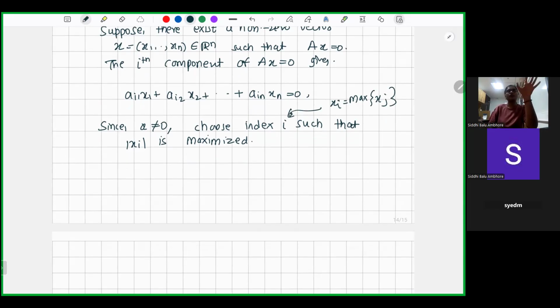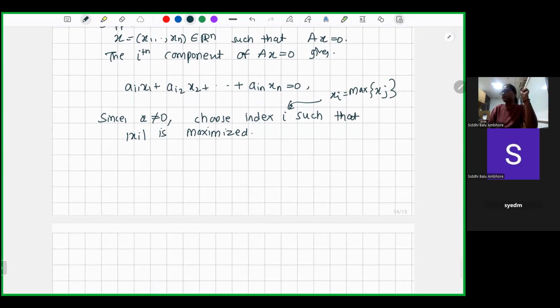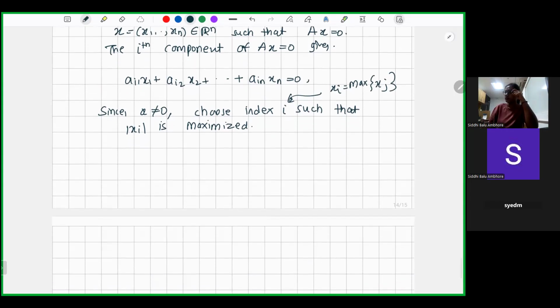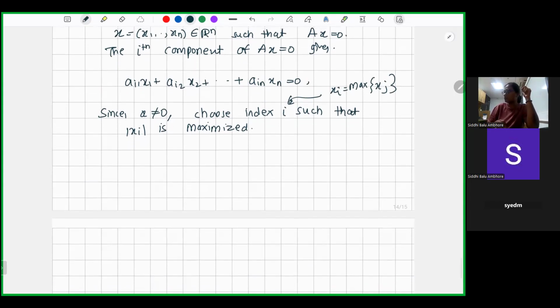And the maximum exists since we are in a finite set. So that is, mod xi is the maximum over j of mod xj. I'm looking at the modulus, so it is positive.